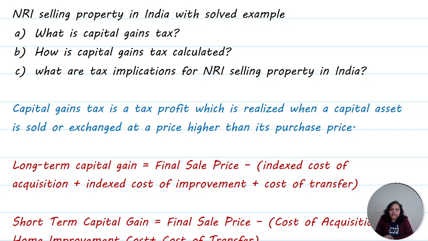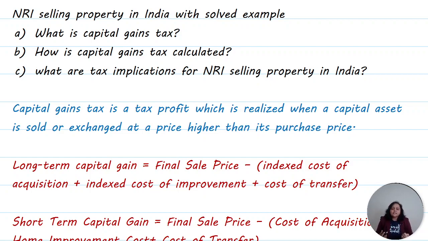Now, we'll answer the second question. How are capital gains tax calculated? Now, for long-term capital gains tax, the formula is simple. Final selling price minus the indexed cost of acquisition, add to it the indexed cost of improvement, and add to it any transfer cost, in the sense lawyer fees, registration fees at the time of execution of the sale deed.